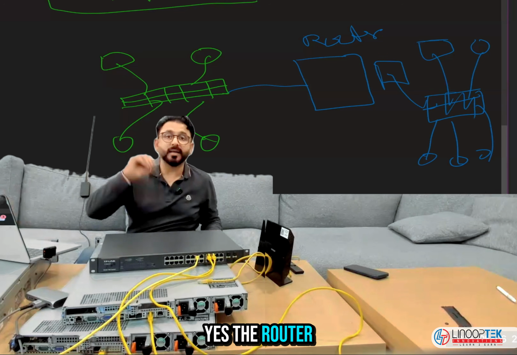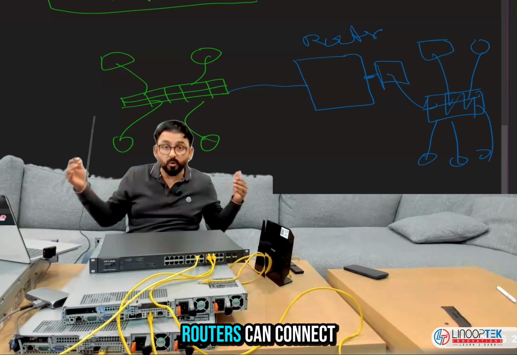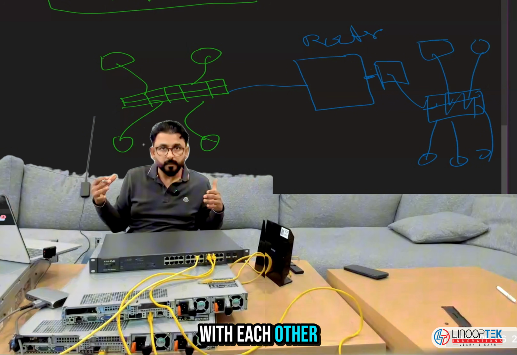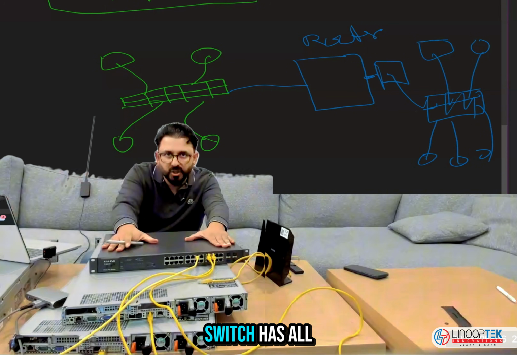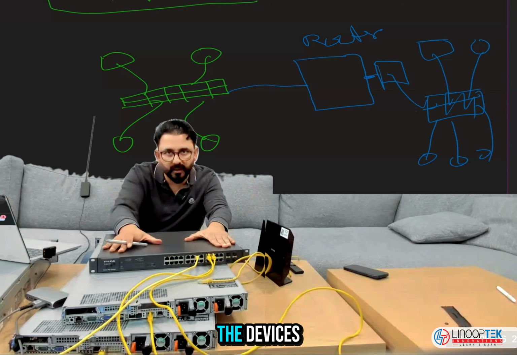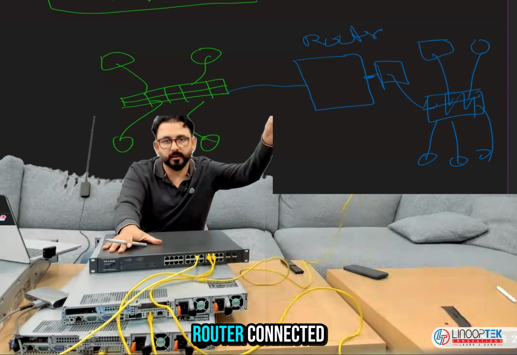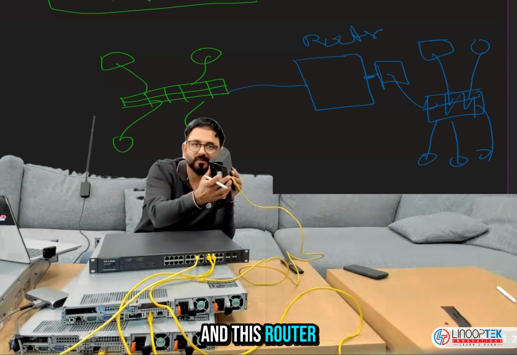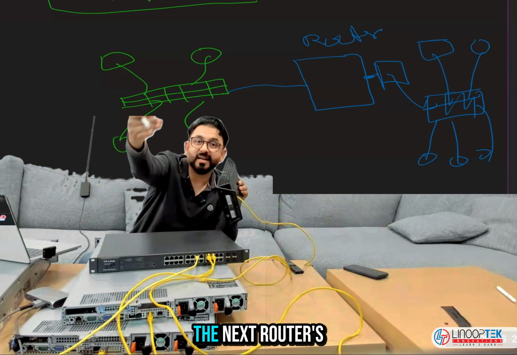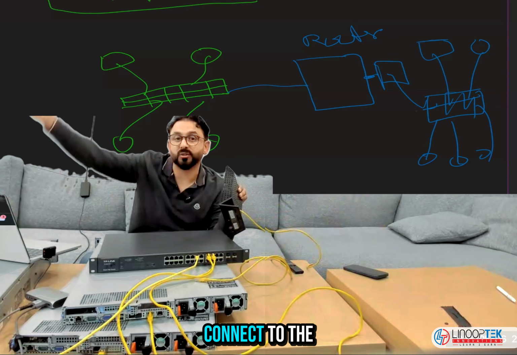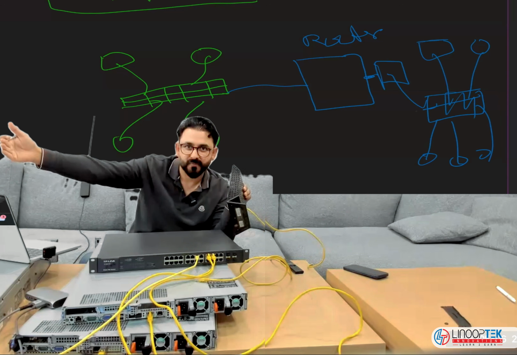Routers can connect with each other, but a switch has all the devices and there's a router connected. And this router has to connect to the next router's network. The next router's network has to connect to the next router's network.